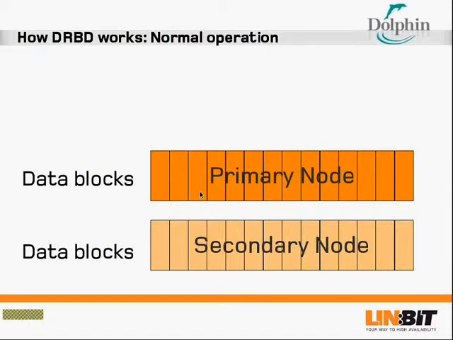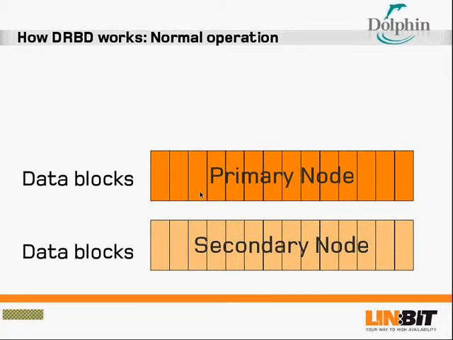This is the one that we call the primary node, and the other one is the one where we currently don't have an application running, but which still receives all block device updates. Suppose that each of the intermediate rectangles in this schematic represents one block. Clearly, a real-world block device will have a lot more than just 14 blocks, but this just serves to illustrate the concept.